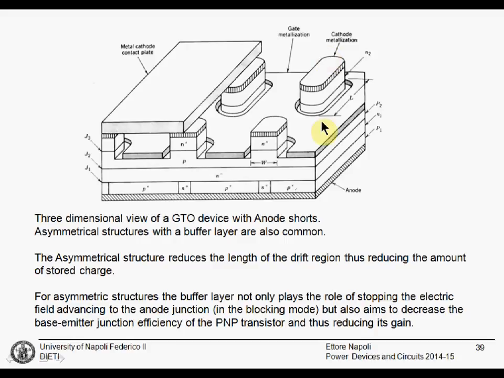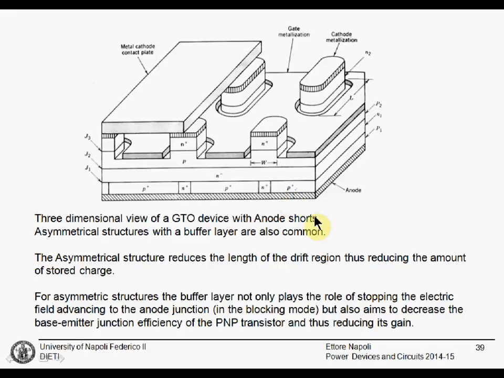And also we have the raised contacts for the cathode. In this case, we have the anode shorts. It is also possible to have a symmetrical structure, as we said before. In this case, we will have a buffer layer here before the P plus region without the anode shorts, probably.